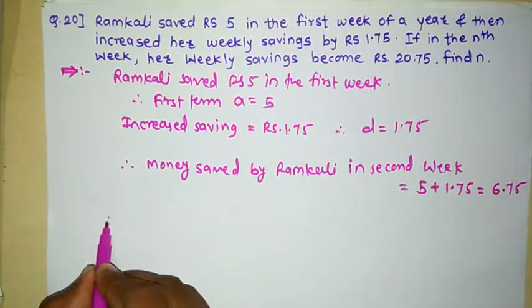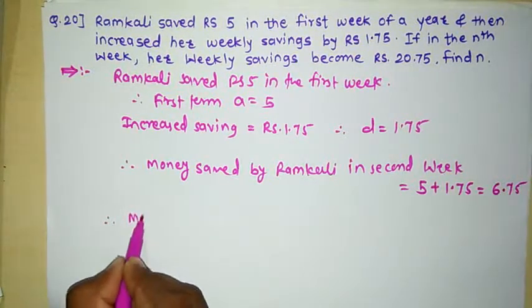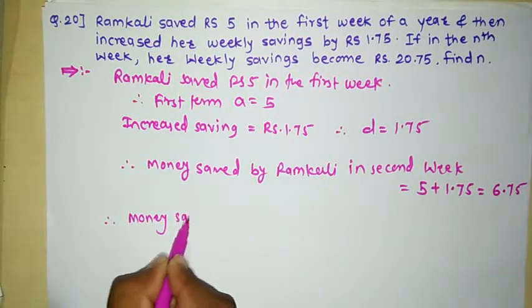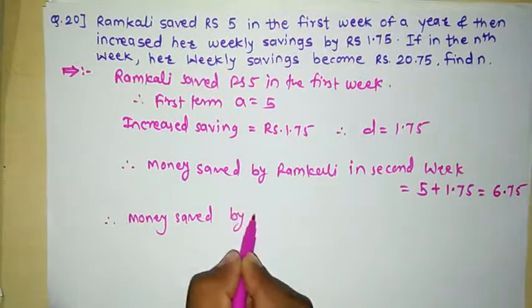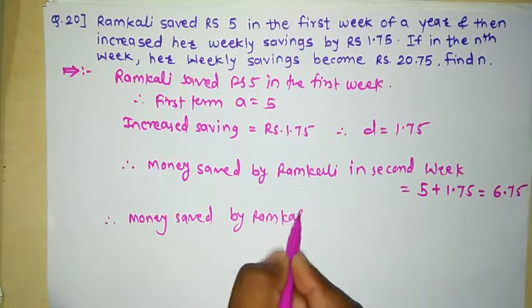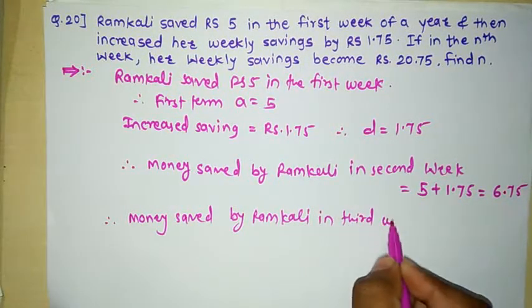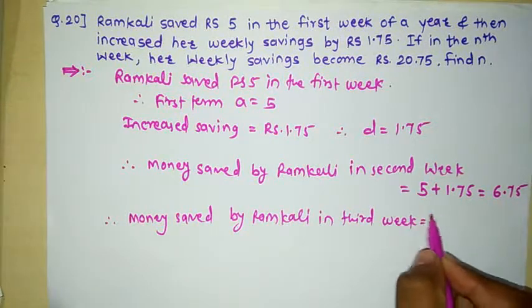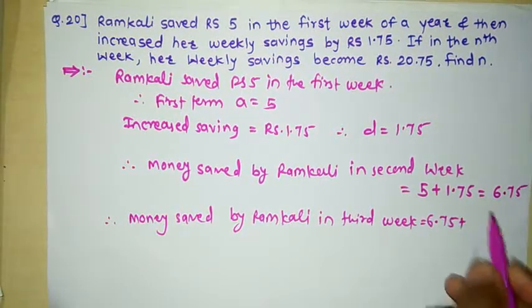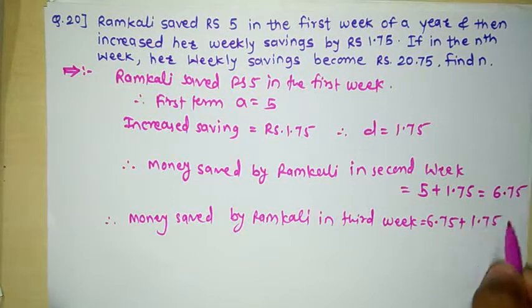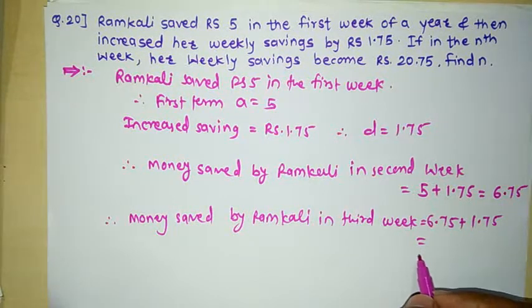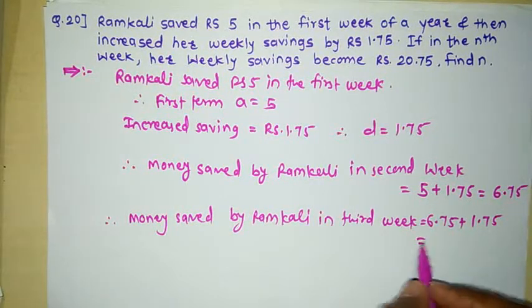Now therefore money saved by Ramkali in third week is equal to 6.75 plus increased saving, that is 1.75, which is equal to how much? 8.5.